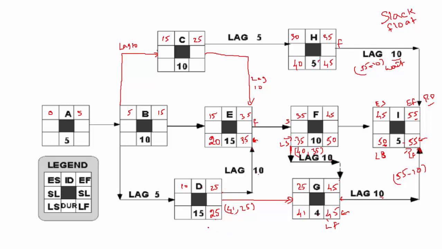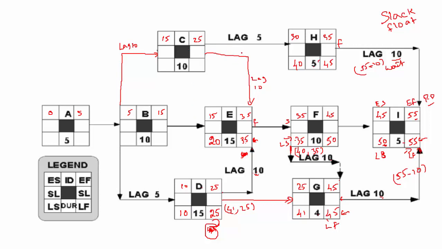But if it finishes on 41, then we will have a problem, because if D is finishing on 41, then we need to wait for 10 more days, then only we can finish E, which means this will finish on 51. That is not possible, right? So in the backward pass we take the lowest, which is 25, and 25 minus 15 would be 10.